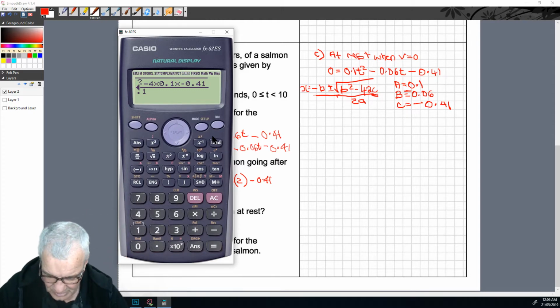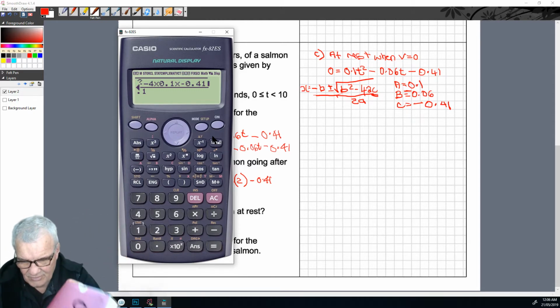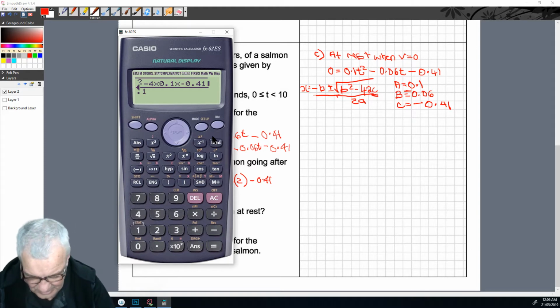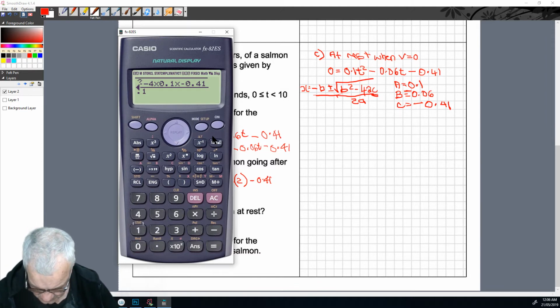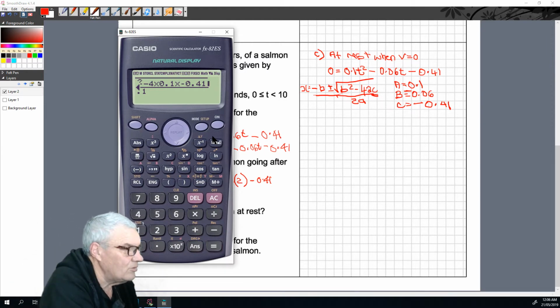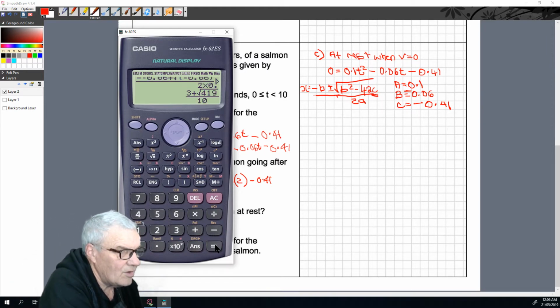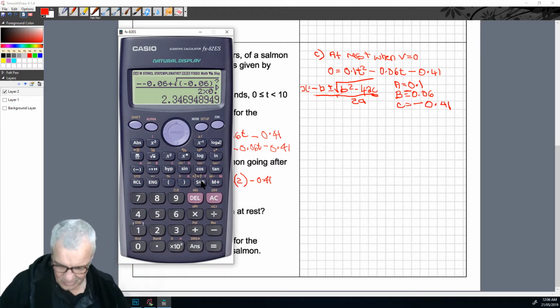Yeah, which would seem to be correct. Okay, just checking some other bits of paper here. Okay, let's see what we got here. Equals. That's the answer I was expecting.